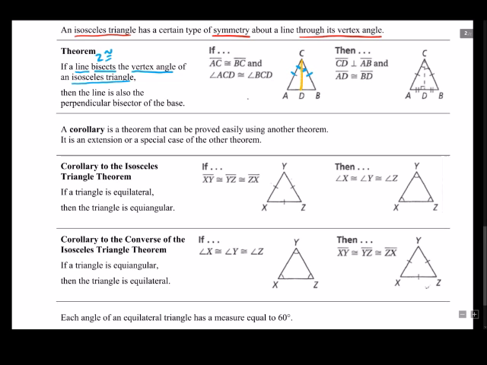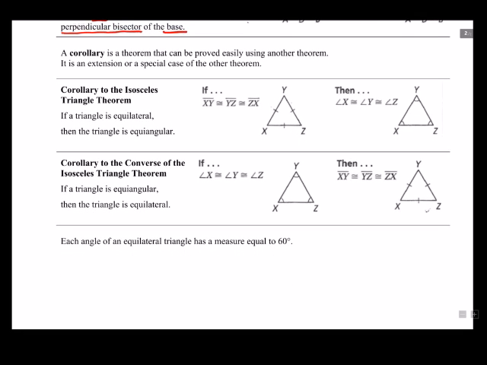This line is the angle bisector of our vertex angle. Then what happens? Then that line is the perpendicular bisector of the base. So that is hugely special. So that line becomes perpendicular to the base and bisects the base. Very, very special triangles.